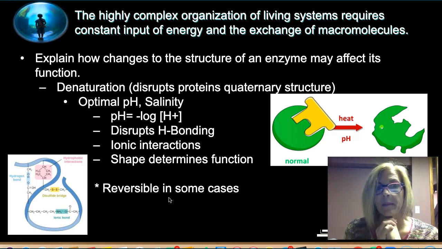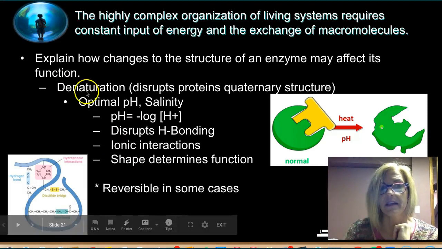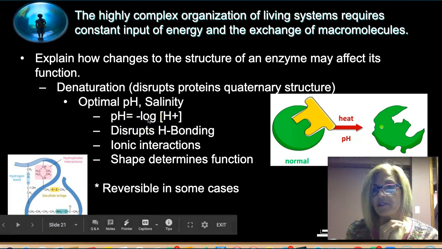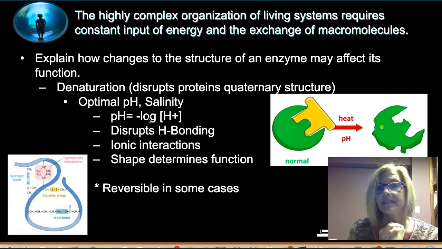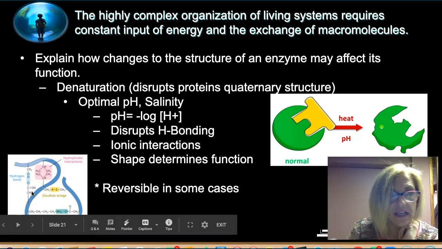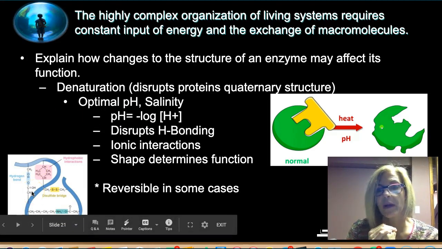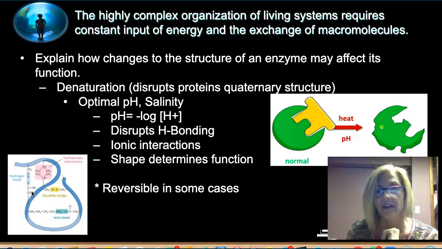So pH, remember, is an inverse log of the hydrogen ion concentration. The more hydrogen ions there are, you can see that would very easily disrupt the hydrogen bonding that occurs within the primary and the secondary structure of the protein, and if it affects the secondary, it's going to affect the tertiary and the quaternary that follows.